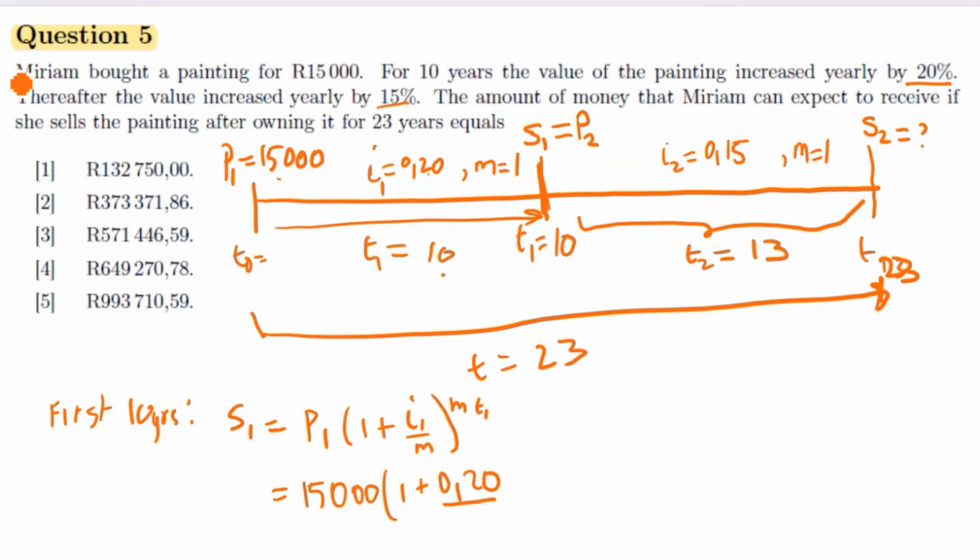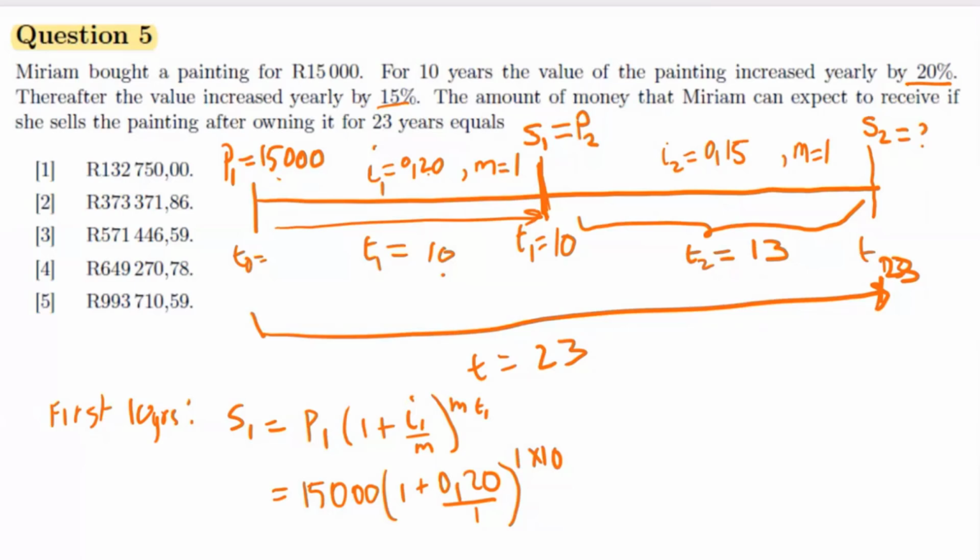And then this thing is compounding annually. This is going to be equal to 1.1 multiplied by the first 10 is equal to 10. Okay, I plug this thing into my calculator.